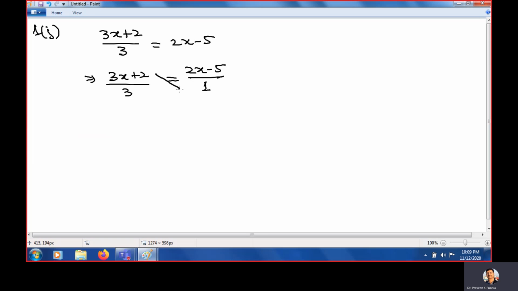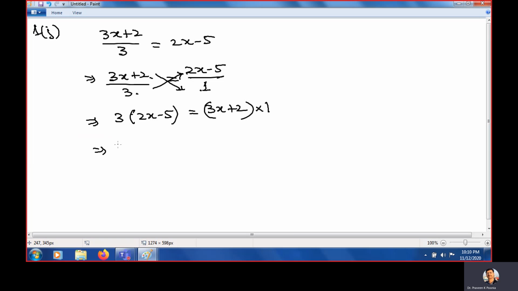It is 3x plus 2 upon 3, and we will make here 2x minus 5 upon 1. Clear? Now you can multiply this with this, and this with this. So how much is it? It is 3 into 2x minus 5 is equal to 3x plus 2 into 1. Okay.